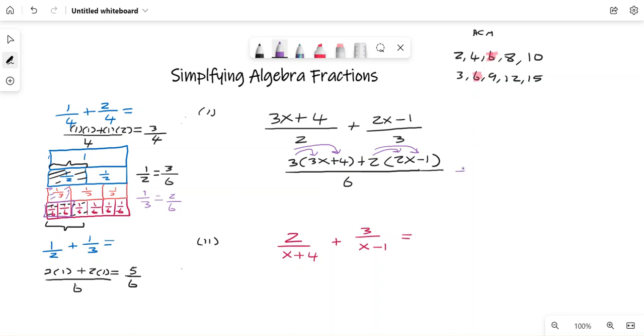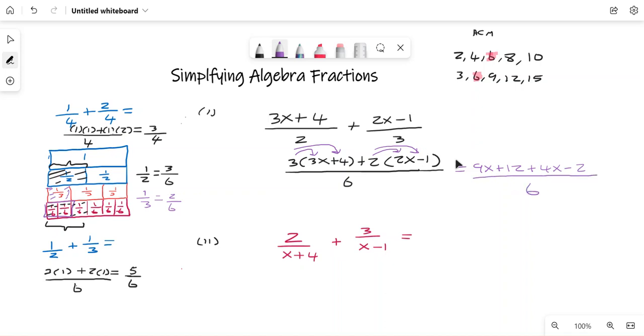So 3 multiplied by 3x gives me 9x, 3 multiplied by plus 4 gives me plus 12, 2 multiplied by 2x gives me plus 4x, and then 2 multiplied by minus 1 gives me minus 2, and this is all over 6.